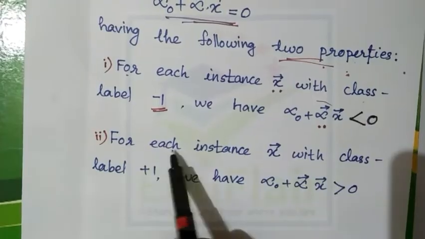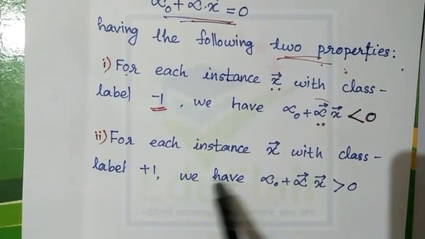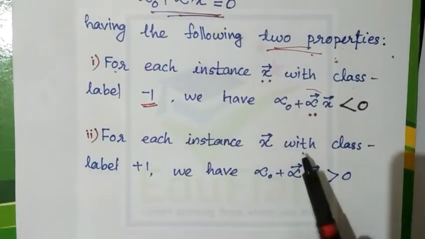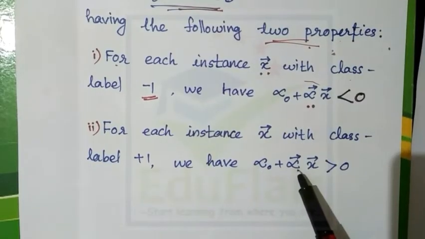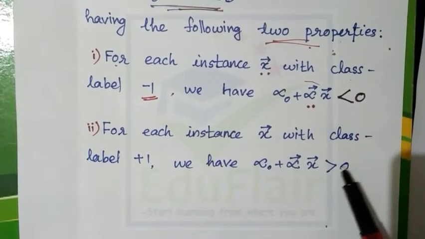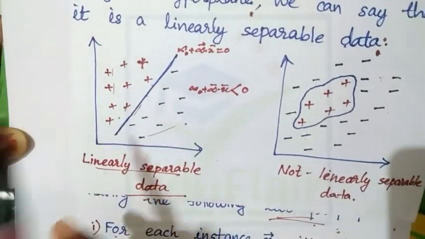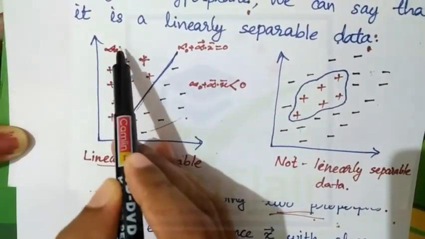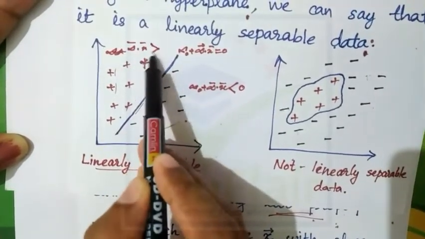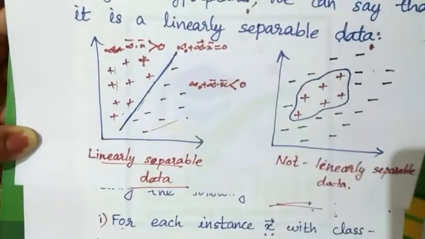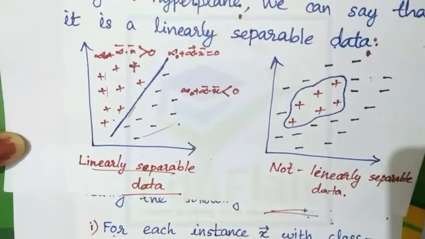And for each instance vector x with class label +1, that is for each positive sample, we have alpha 0 plus vector alpha dot vector x greater than 0. That is, all the positive samples should satisfy the equation alpha 0 plus vector alpha dot vector x greater than 0. If so, we can say that our data is linearly separable data.